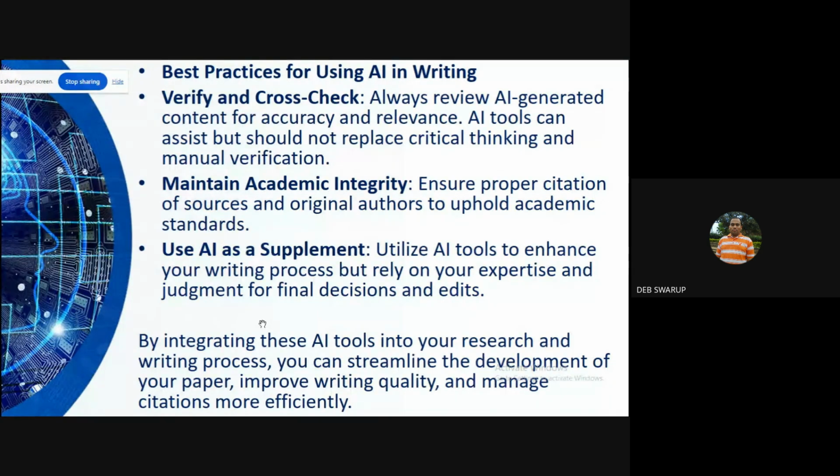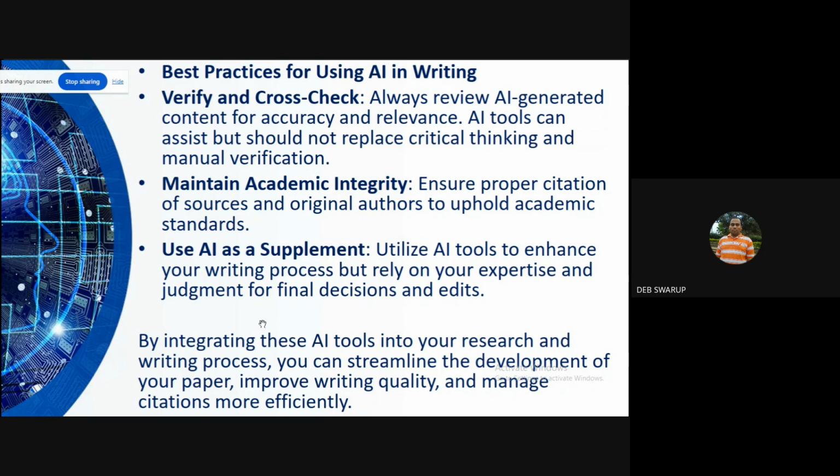Then what are the best practices for utilizing AI in writing? The first best practice is verify and cross-check. Always verify and cross-check your resources. Whenever you are utilizing AI in your research paper writing, please verify whether the sentences written by them are correct or not.